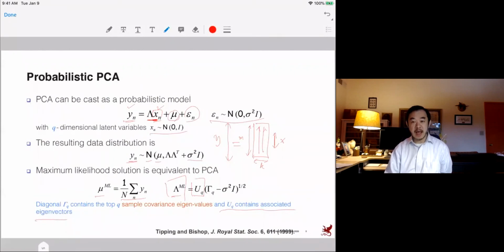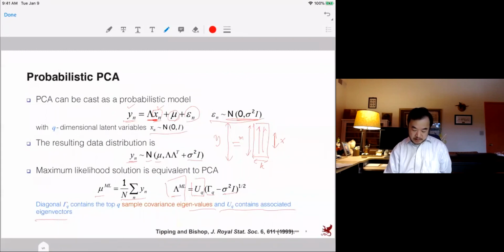This matrix is the eigenvector matrix of the original data, indeed the same as in PCA, times the lambda. What is the lambda? Well, the lambda is the eigenvalues of that matrix, and then also minus that noise from the generation process.